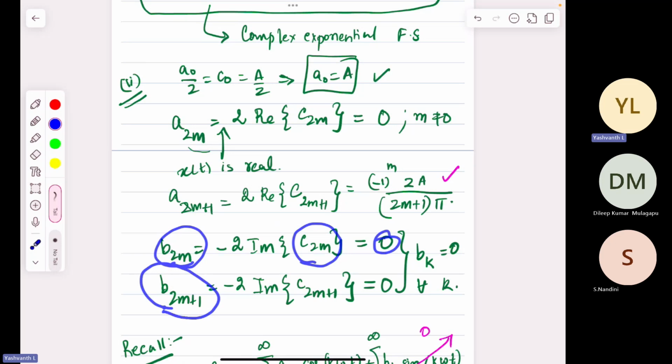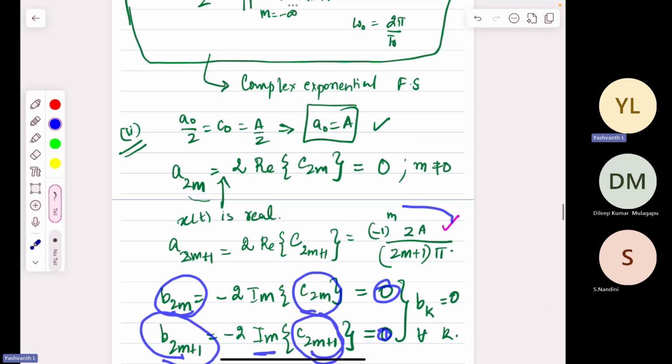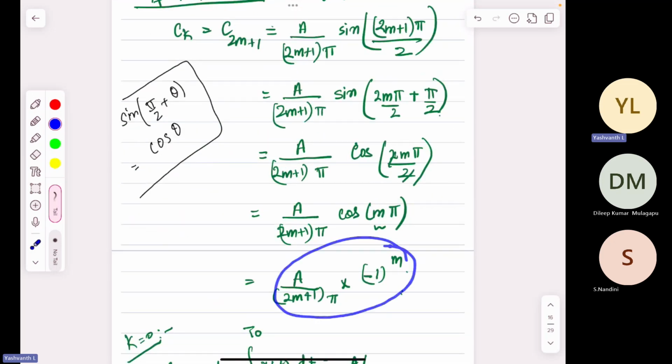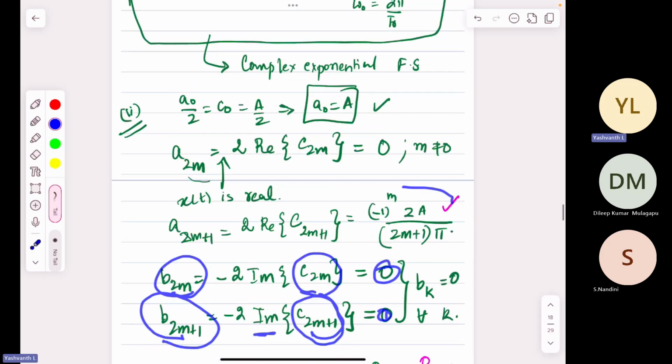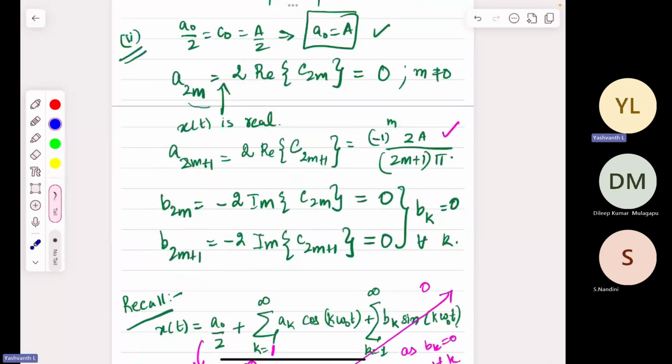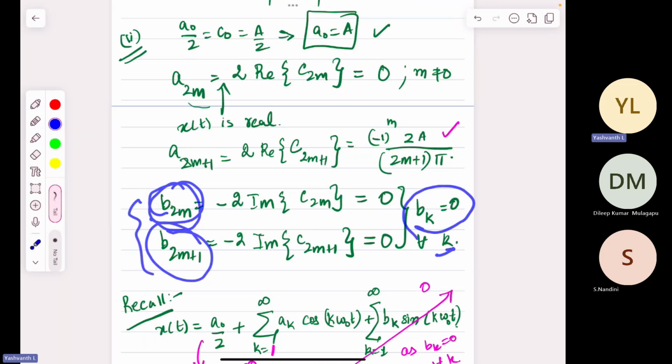But b_2m+1 will also be 0, because although c_2m+1 is not 0, see, c_2m+1 is a real number. It's not a complex number. So the real part of this is the same as this, and the imaginary part is equal to 0. That's why b_2m+1 also became 0. So for both even and odd values, for any value of k, b_k is equal to 0.